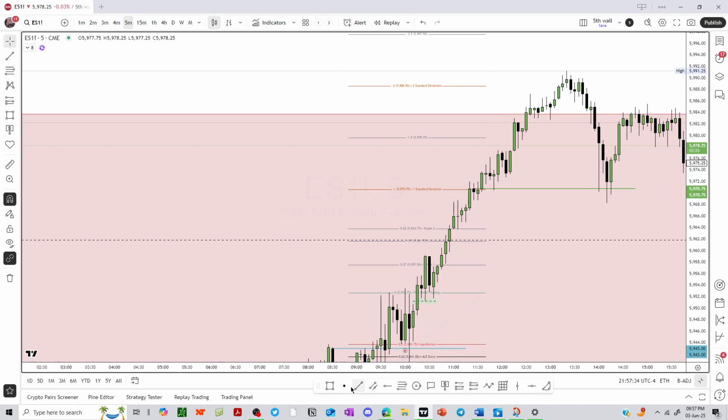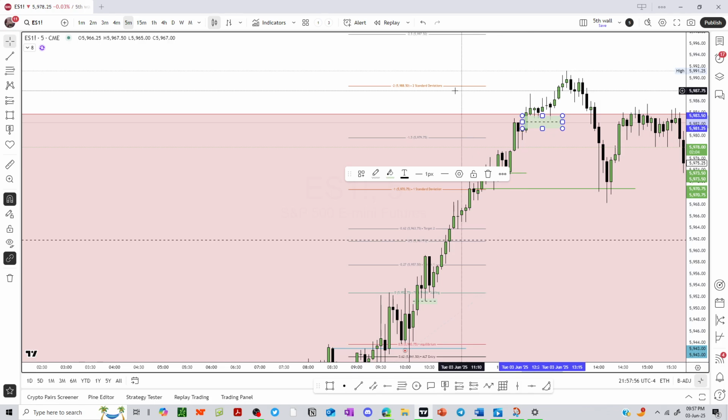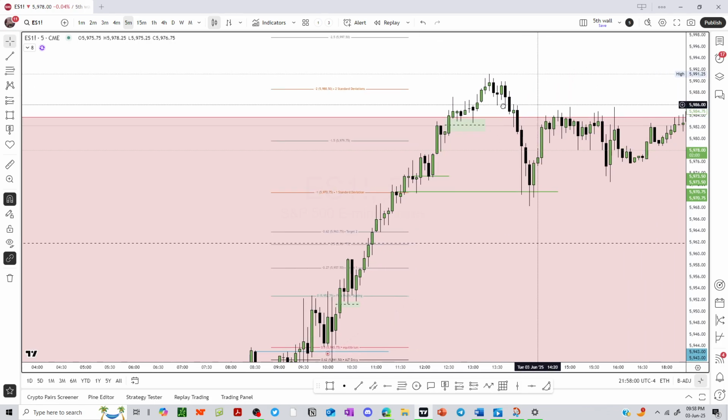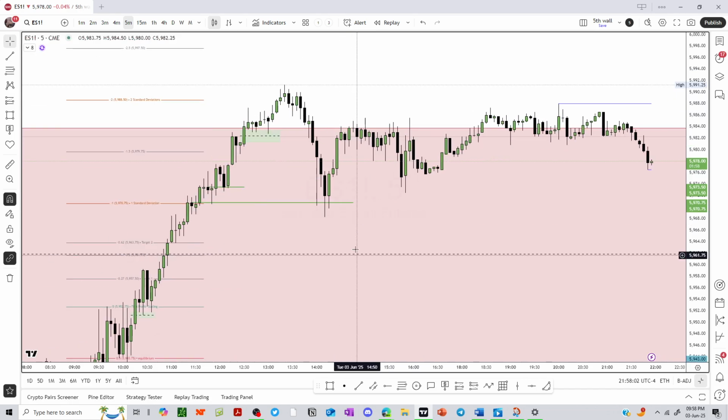Here again. And here you got an imbalance, fair value gap. And right here. And then price higher. 2 standard deviations, that's enough. That is enough.